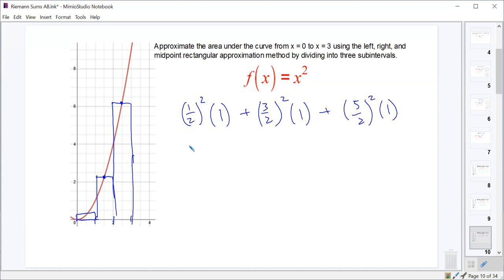So this gives us 1/4 plus 9/4 plus 25/4, which equals 35/4. 35/4 is 8 3/4. So we end up with 8 3/4. Anybody know what the actual area underneath this curve is?